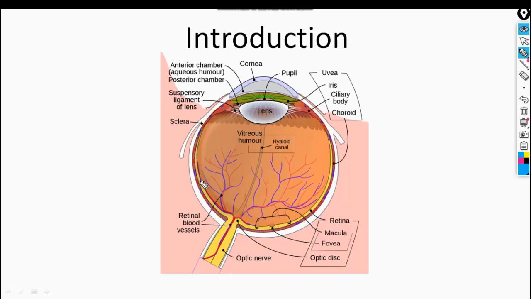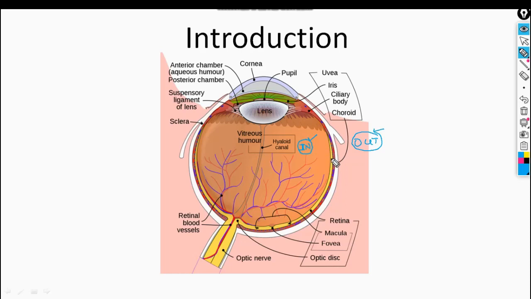This is the retina. Clear? This is the retina, and this is the inner aspect of the retina, and this one is the outer aspect. First, know what I mean by inner and outer. This is in and this is out.